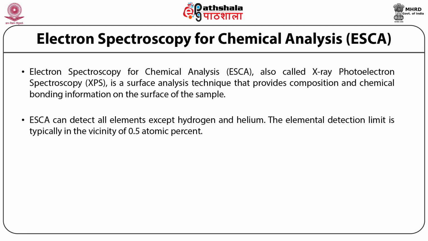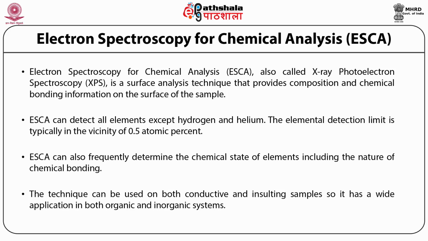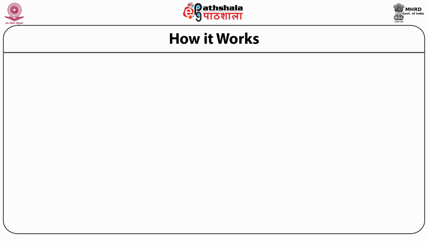The elemental detection limit is typically in the vicinity of 0.5 atomic percent. ESCA can also frequently determine the chemical state of elements, including the nature of chemical bonding. The technique can be used on both conductive and insulating samples, so it has a wide application in both organic and inorganic systems. How does it work?